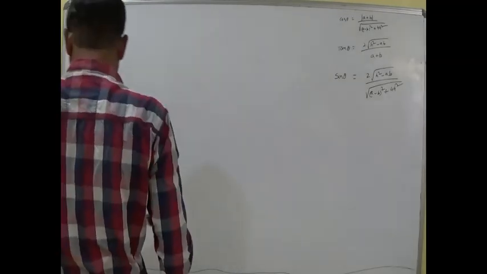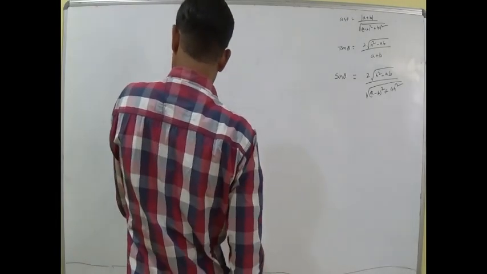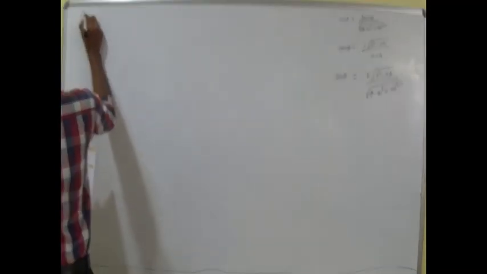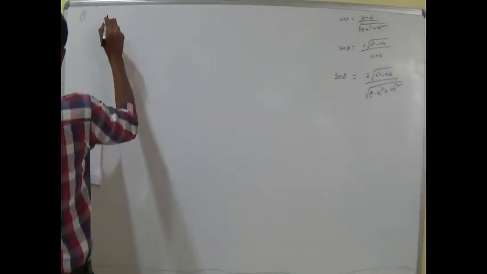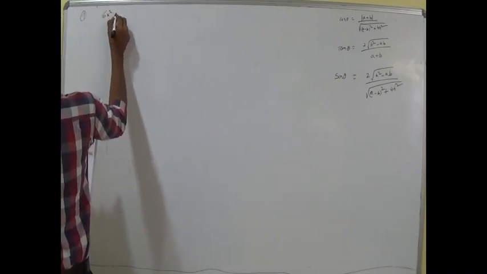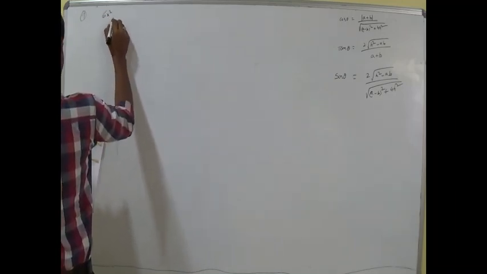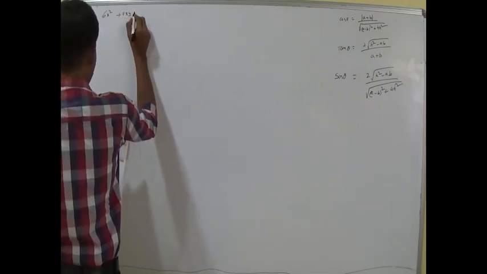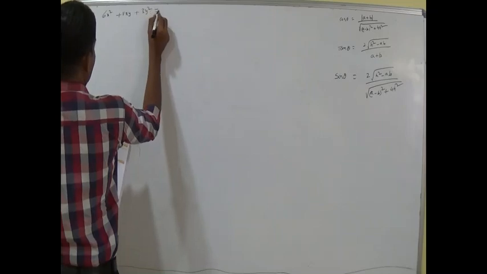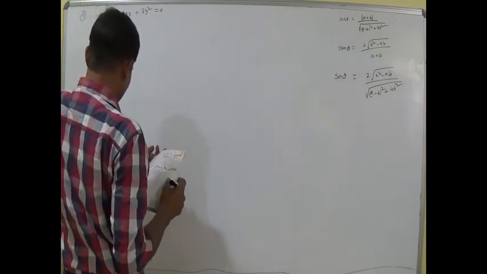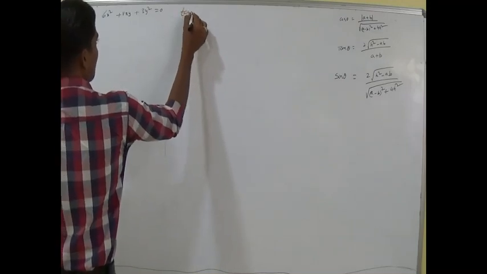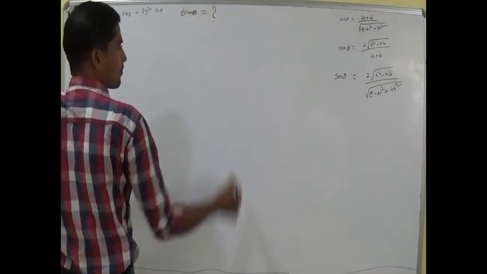The given equation of the ninth one is 6x square plus 11xy plus 3y square equal to 0. Then find the value of tan theta. Here tan theta equal to question mark.